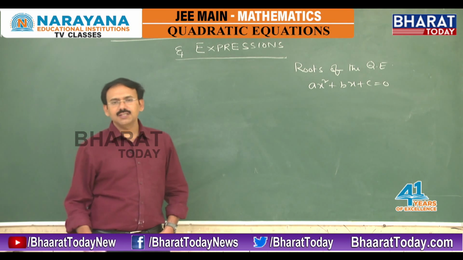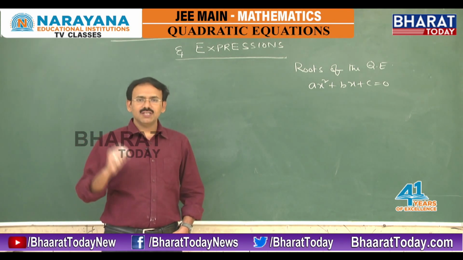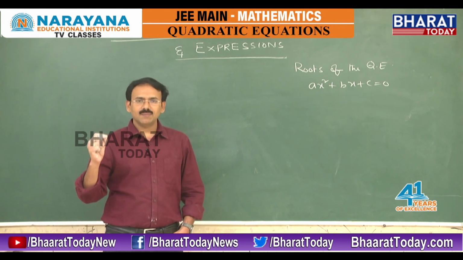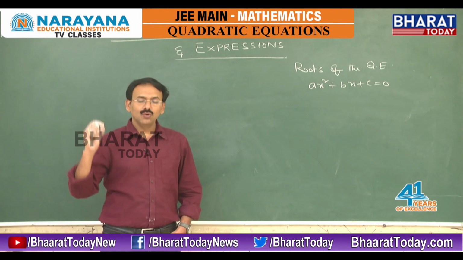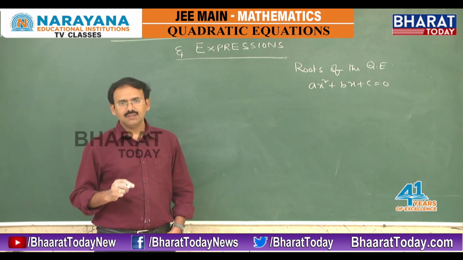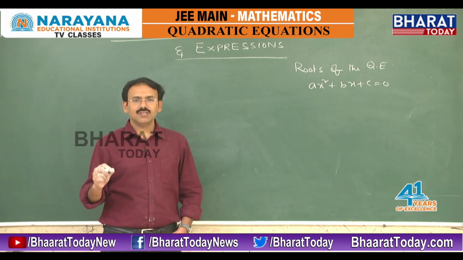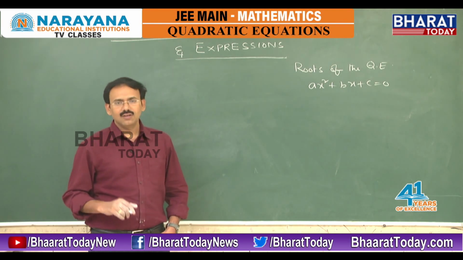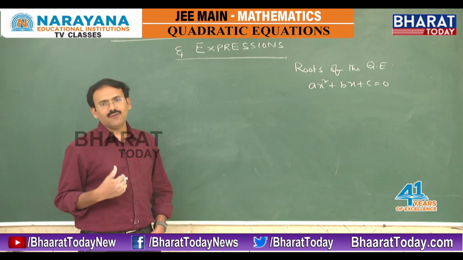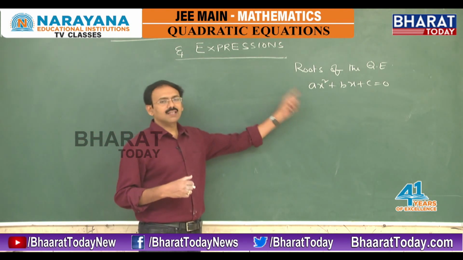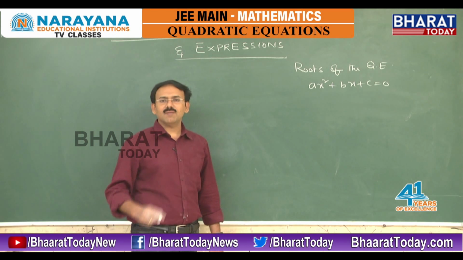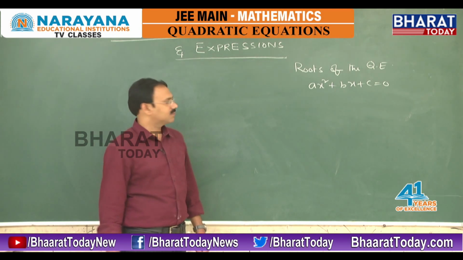After recalling the terms quadratic equation, quadratic expression, and root of a quadratic equation, let us see how to solve a quadratic equation by using a formula. For that, first let me derive the formula. Let us consider the equation ax square plus bx plus c equal to 0.